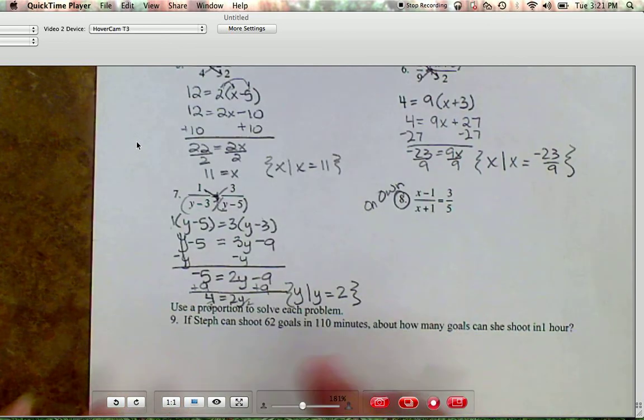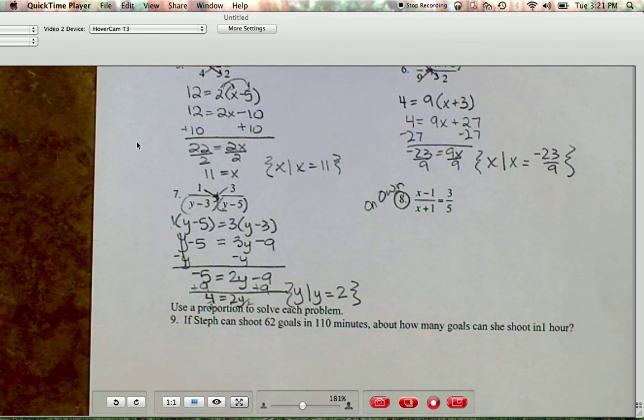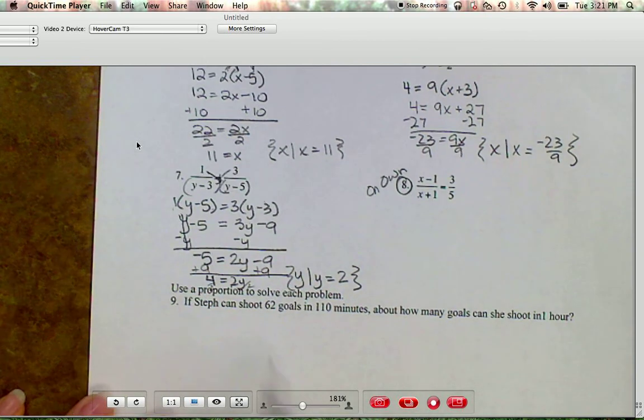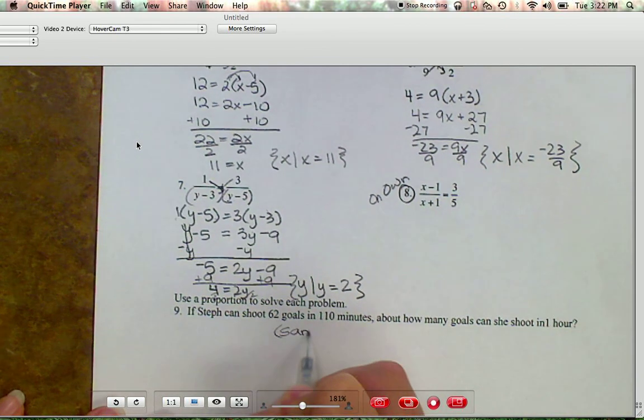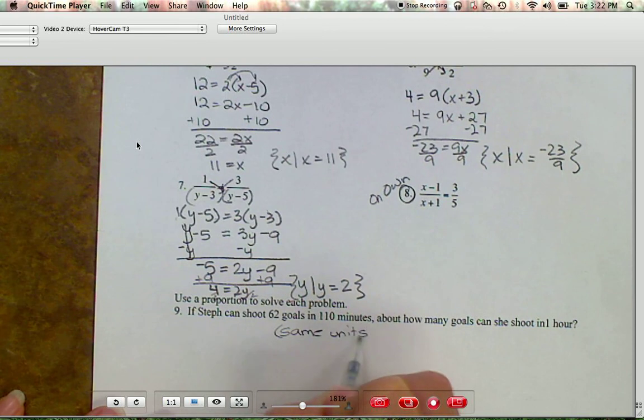Using proportions to solve word problems. Okay? When you're solving a word problem, let's read it. If Steph can shoot 62 goals in 110 minutes, about how many goals can she shoot in 1 hour? The first thing you need to make sure of is that you're using the same units. Okay?